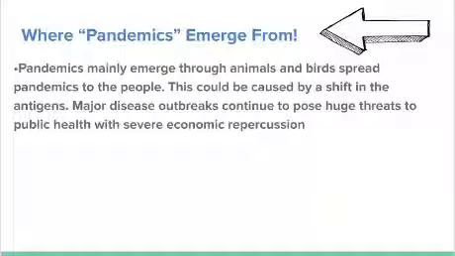Where do pandemics emerge from? This is a question that people may tend to ask. Pandemics mainly emerge through animals, and birds spread pandemics to people. This could be caused by a shift in the antigens. Major disease outbreaks continue to pose huge threats to public health with severe economic repercussions. So basically, it usually starts in a host, which is normally an animal.